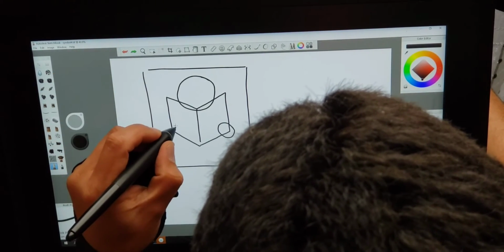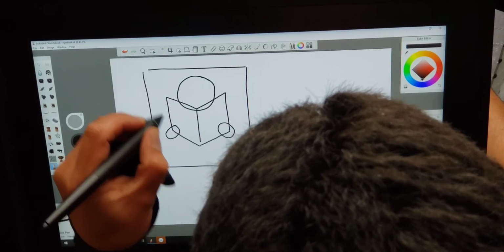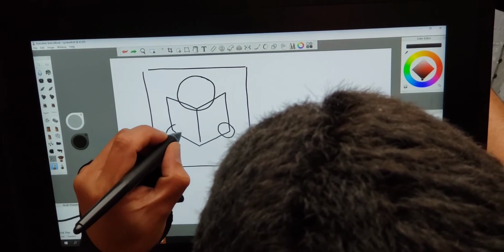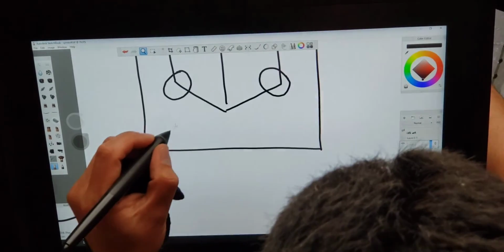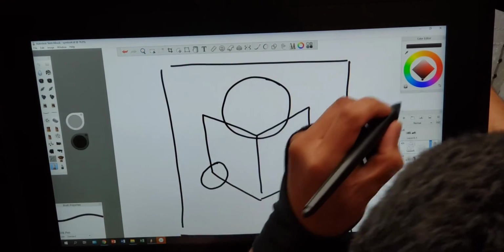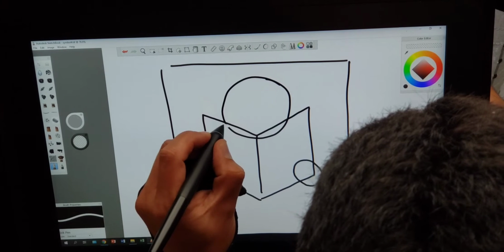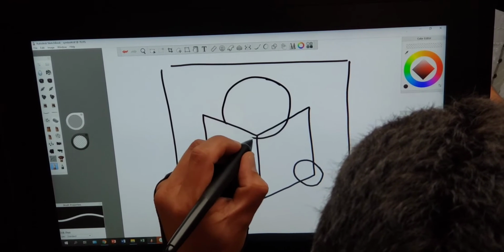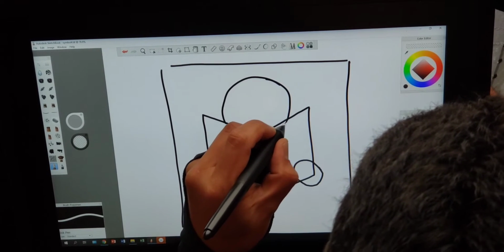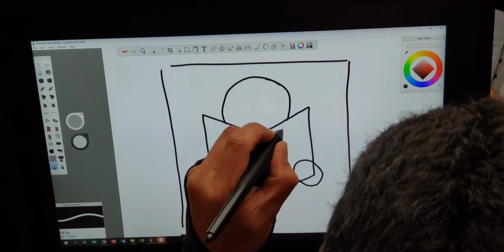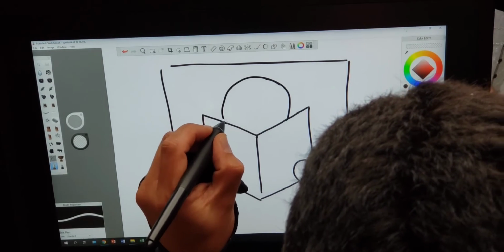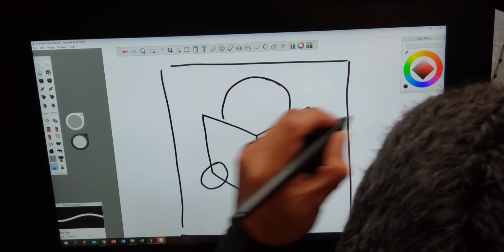Remember that every part that you don't need, you're going to erase. For example, we're going to erase this part of the face. We don't need this part. Also, we're going to leave a space between the book and the face.